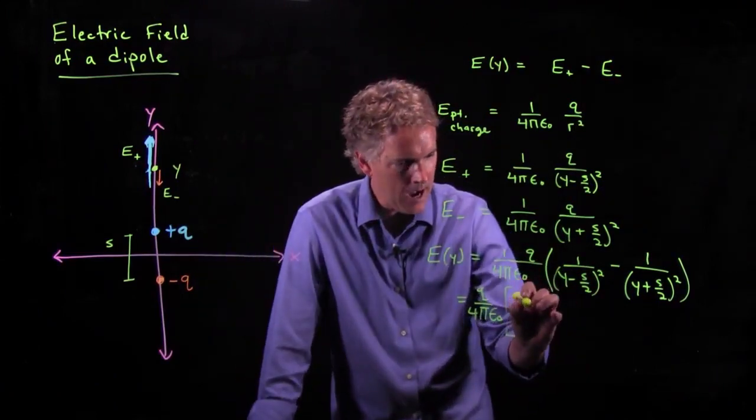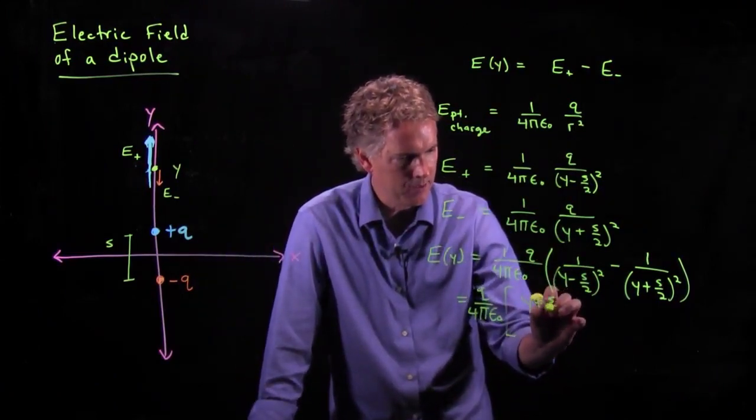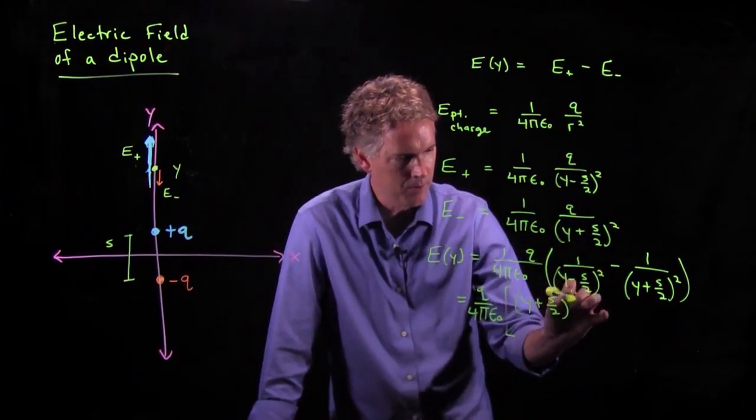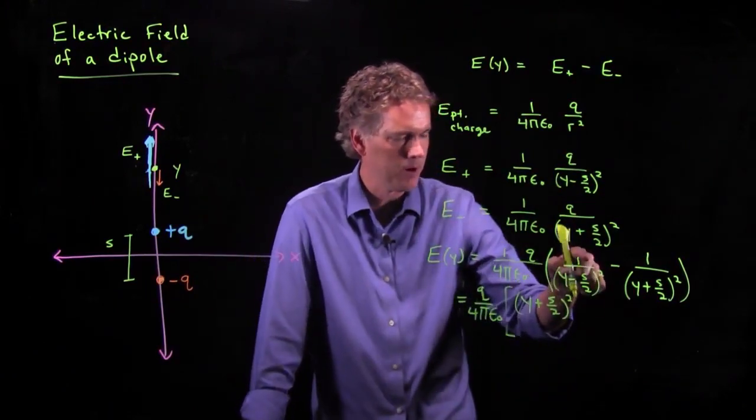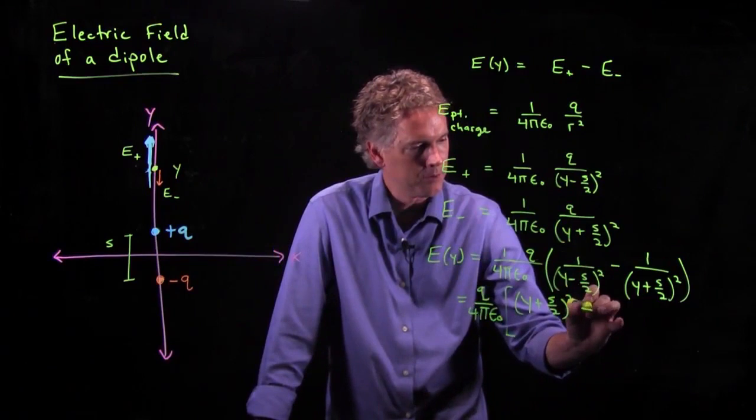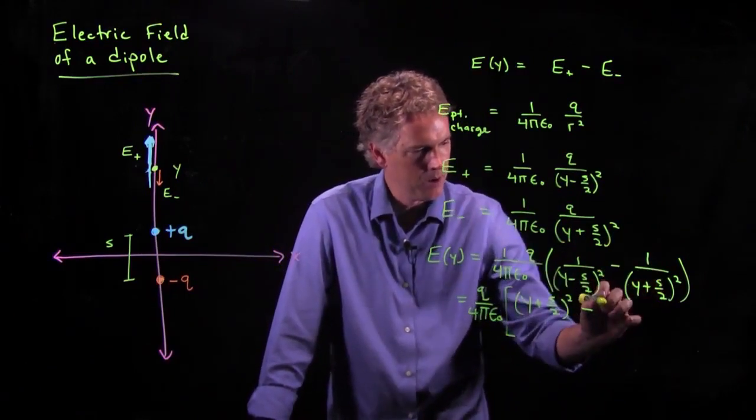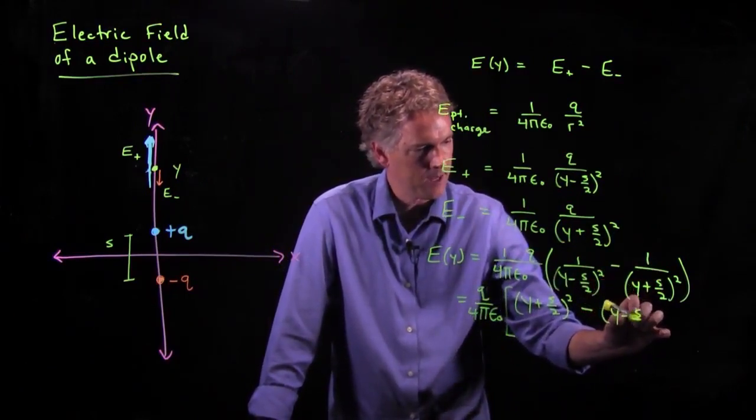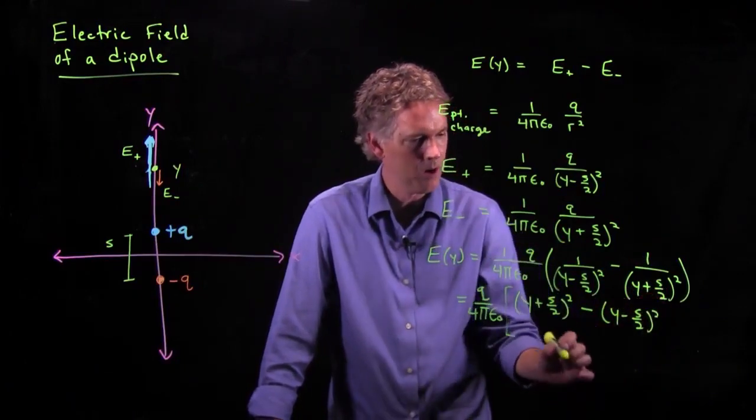So we've got y plus s over 2, quantity squared. That's this guy up to there. Then we're going to subtract this one up there, y minus s over 2, quantity squared.